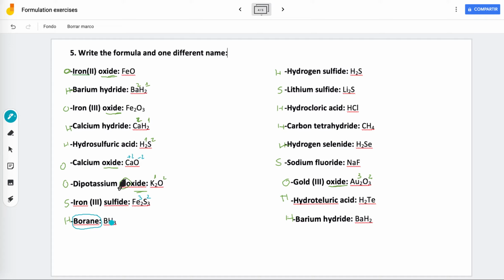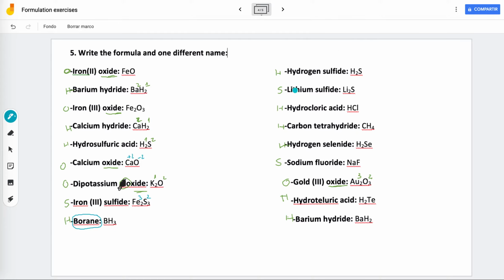Is BH3? Yeah, BH3. So it will be boron trihydride, boron trihydride. And systematic, we don't have the systematic, we have the commercial name. Yes.